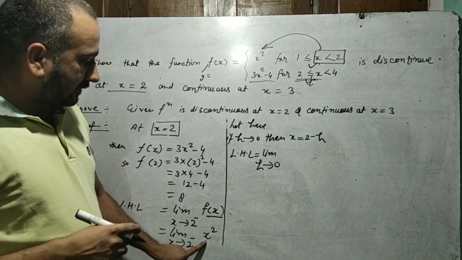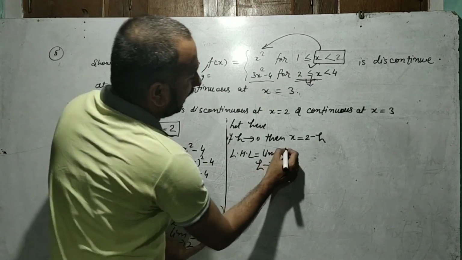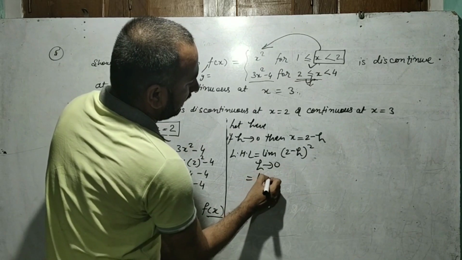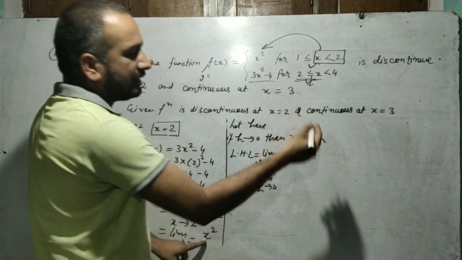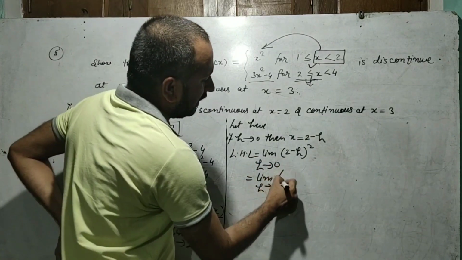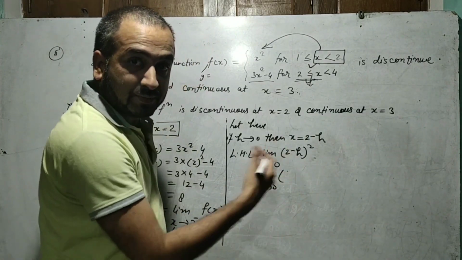So x square will be (2 minus h) to the whole square. This gives the limit as h tends to 0. Open this, it is in the form (a minus b) whole square, so a square plus b square minus 2ab.